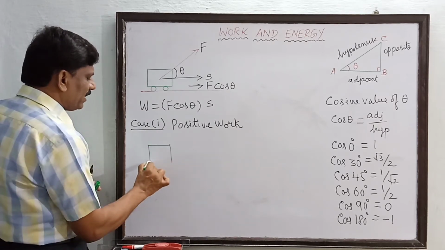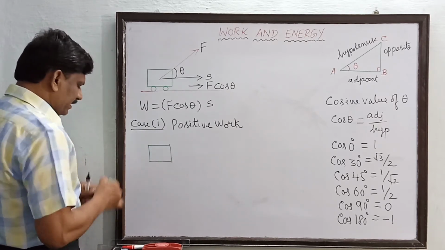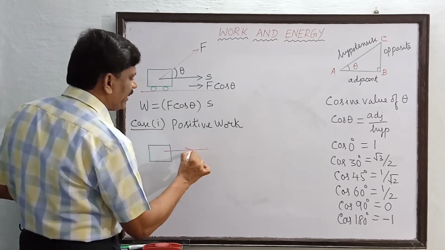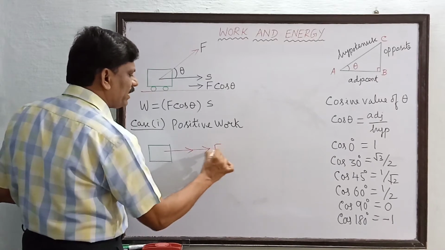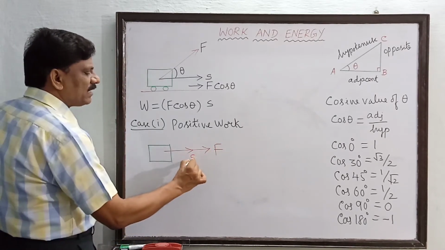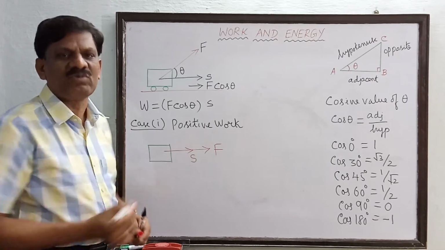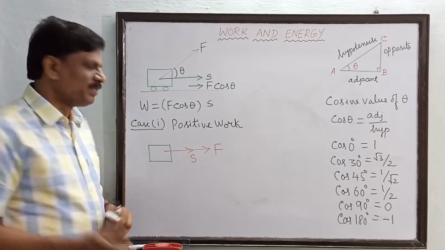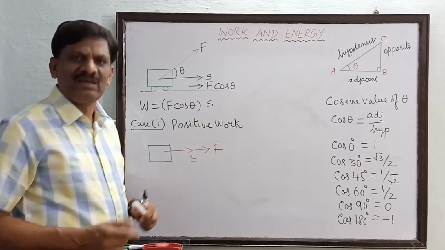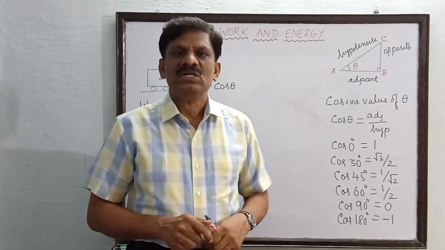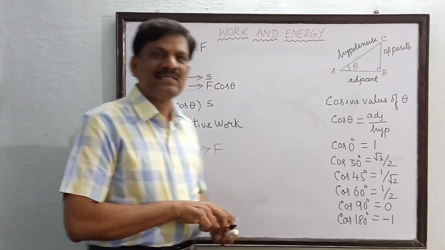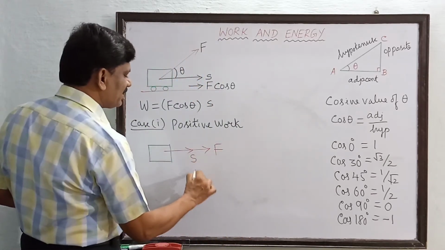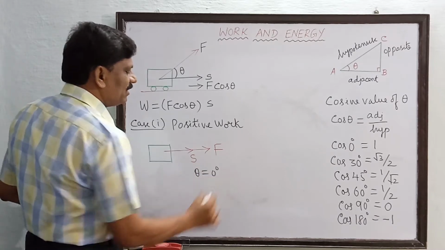This is an object, and it is being pulled by a string by applying a force F Newton, so that the object is also moving along the same direction of the force. So it is very clear in this picture, both the displacement S and the force applied F are in the same direction. So what must be the angle between this F and S here? In this case theta is equal to 0 degree.